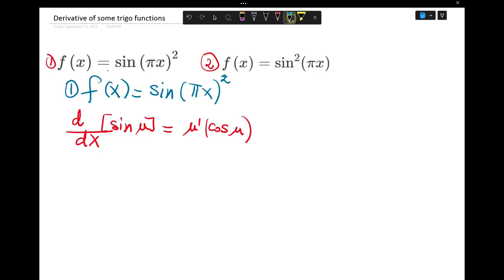So we can apply this rule to find the derivative of this one right here. The first thing we're going to do is say let u equal pi x square, which is the same as pi square x square.